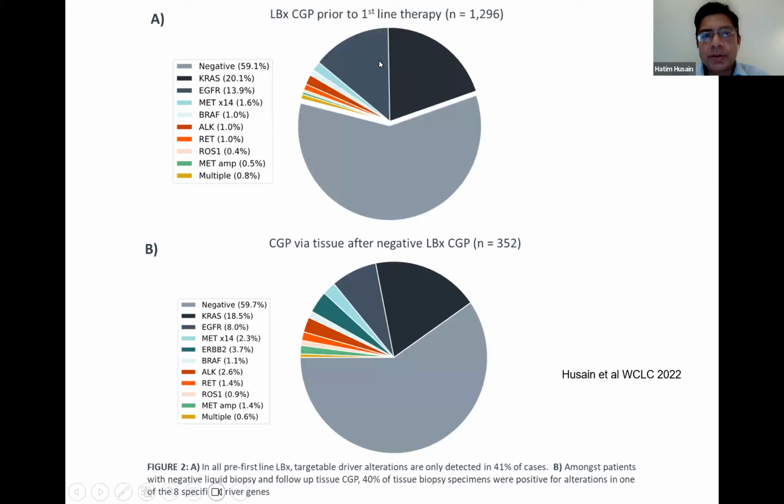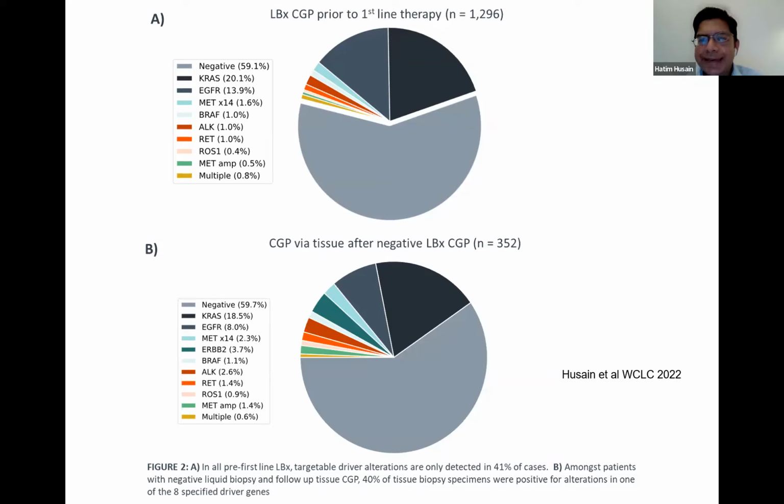So there's some other analyses, and one important one here, which I really liked a lot, was also created by Foundation Medicine and Flatiron, looking at positive liquid biopsies prior to first-line therapy.